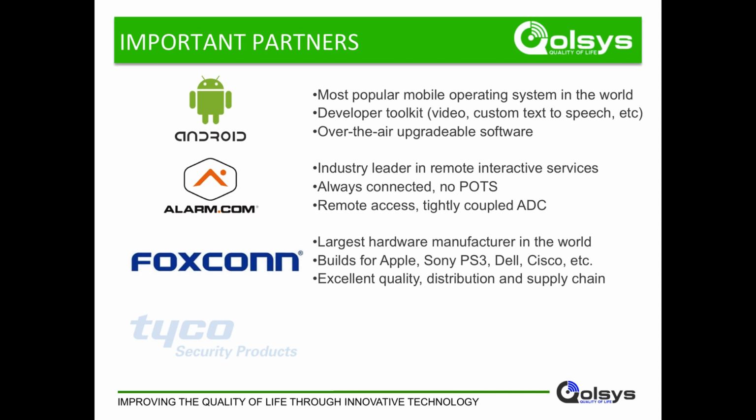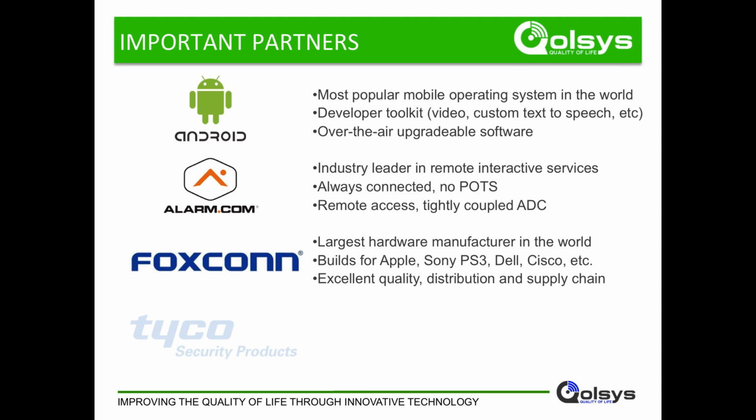Our third partner is Foxconn. Now, most of you may have never heard of Foxconn. I always say that they're the largest company in the world that no one's ever heard of. Some savvy people may have heard of them before, but they actually are the largest hardware manufacturer in the world. They build every iPhone, every iPad. They build Dell computers, Cisco routers, Xbox Kinect. Basically, you name it in the consumer space, they build it.